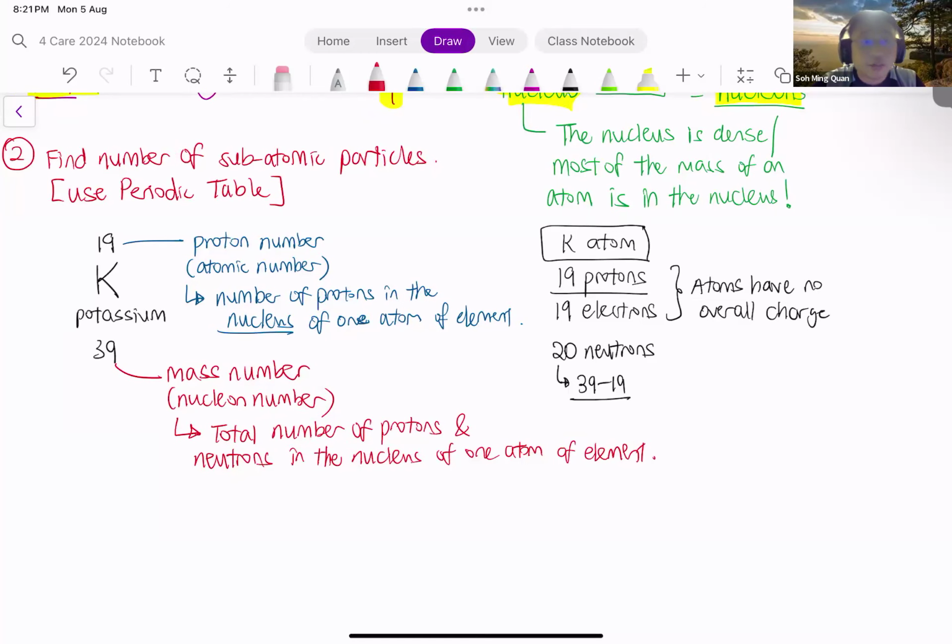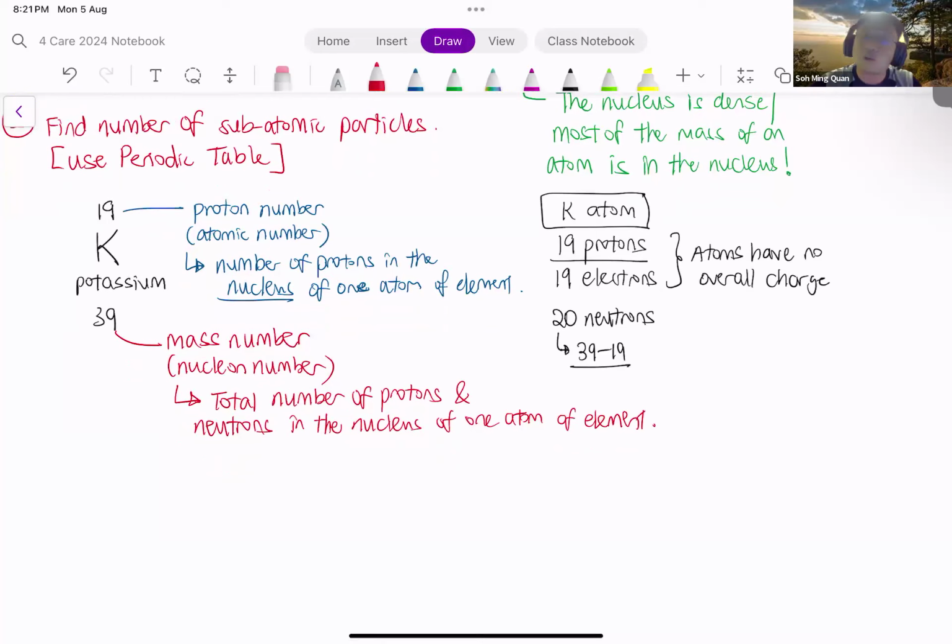Okay, now this is really, really useful because once we have the number of subatomic particles, we know exactly how many protons, electrons, and neutrons an atom would have. And for chemistry, to predict chemical reactions, reactivity, the key character is always the electrons.